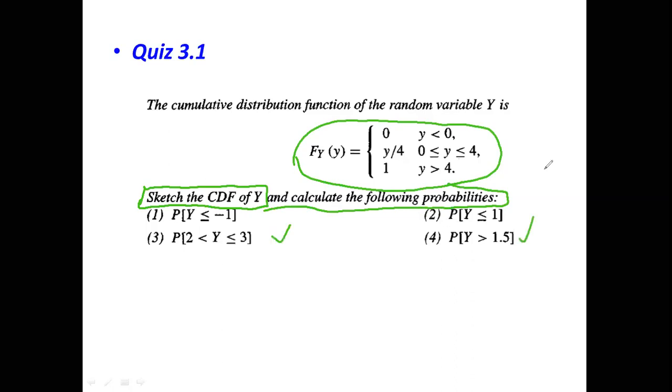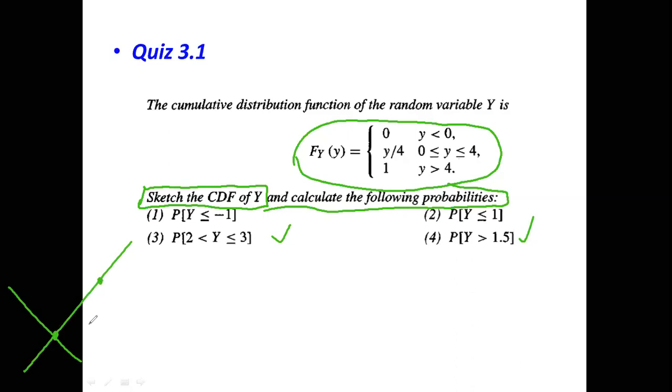So let's draw the CDF if possible. The CDF is something like this: for y less than 0, there is no CDF, and for y more than 4, it is 1. So it starts from 0 and goes to 4.